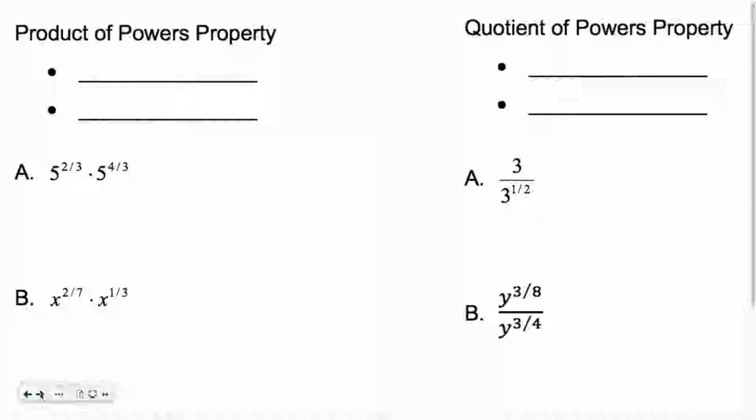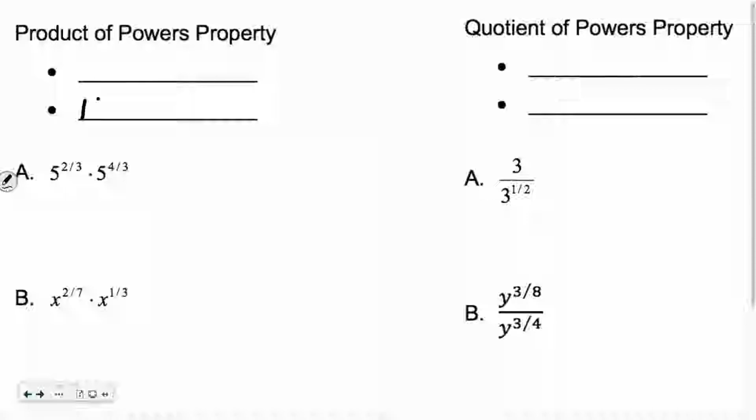You have two powers, 5 to the 2/3 and 5 to the 4/3, and you're multiplying them. What are the rules for product of powers? You add your exponents. What do you do with the bases? You keep the base the same. You don't multiply 5 by 5. You just keep base 5.